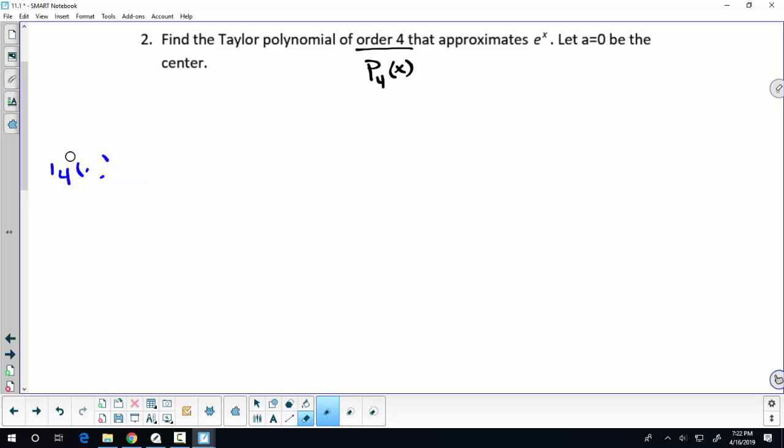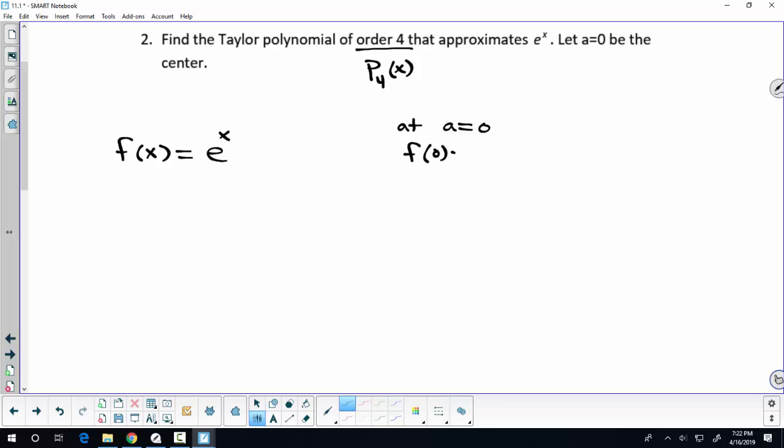It's already on the board over here. So we're going to take our function and evaluate that at a equals 0. In other words, f of 0 is e to the 0, which is 1.